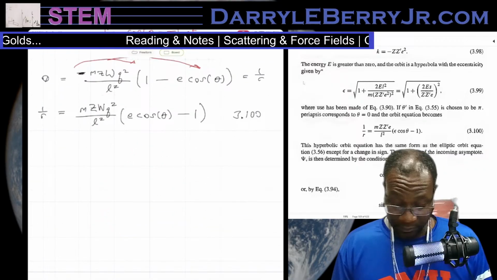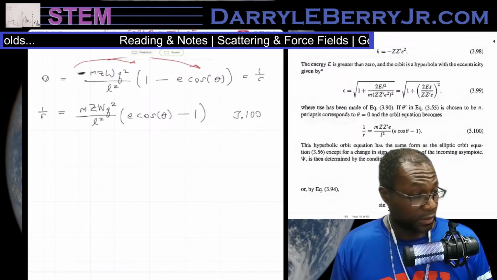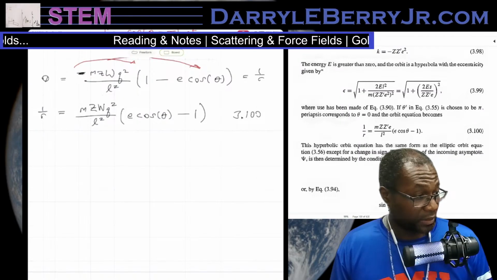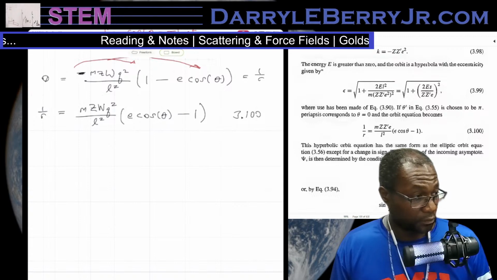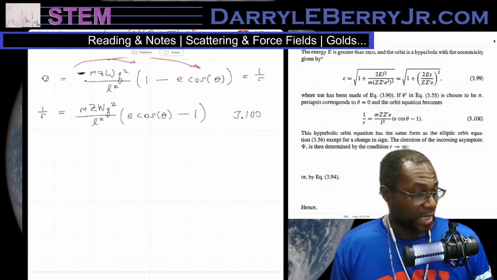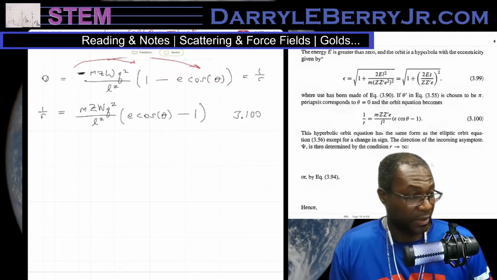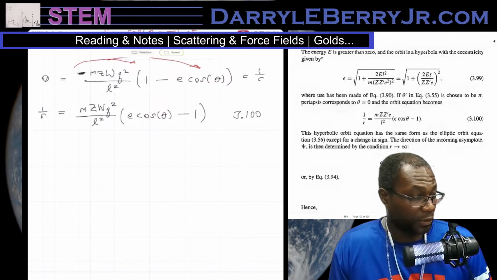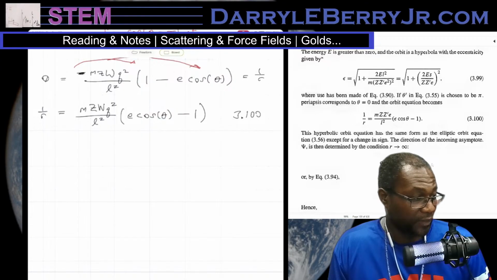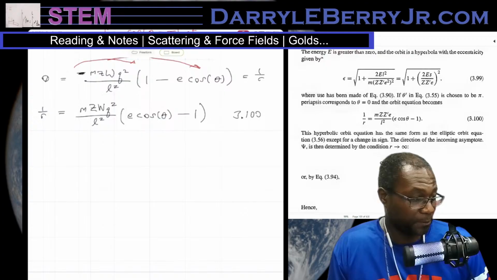Right, so we have this, and this matches what the professor has. This hyperbolic orbit equation has the same form as the elliptic orbit equation, except for a sign change. The direction of the incoming asymptote phi is then determined by the condition r approaches infinity.